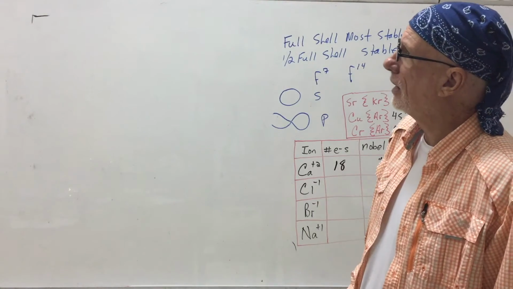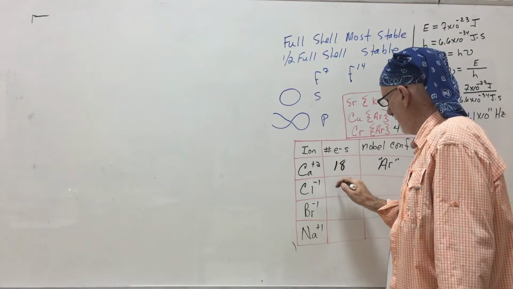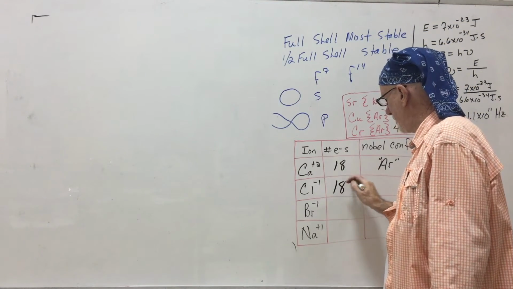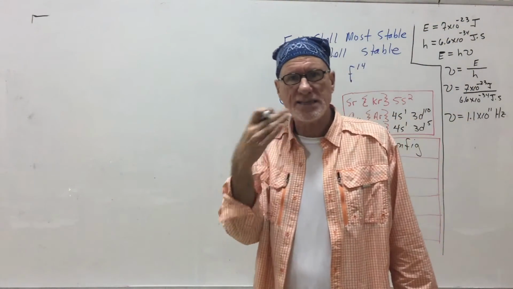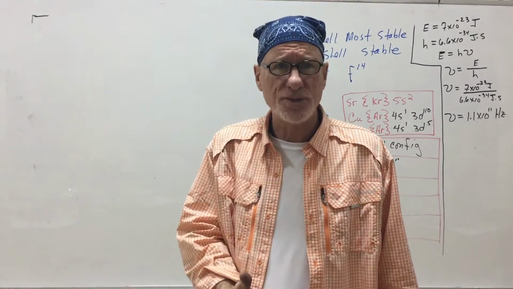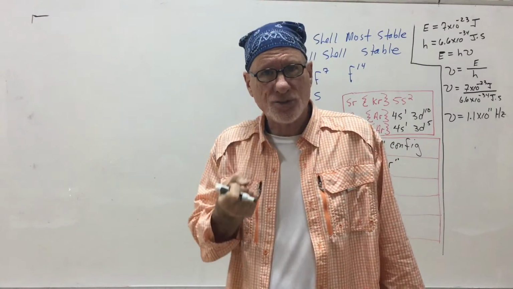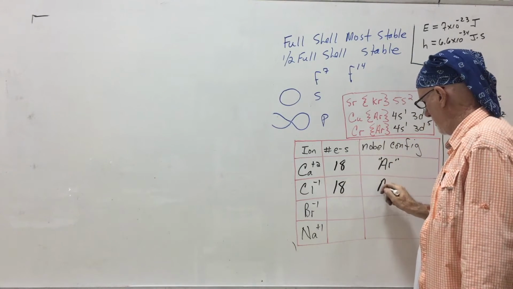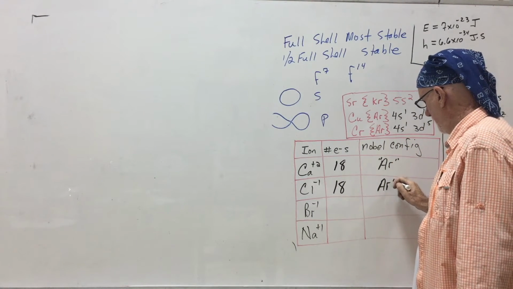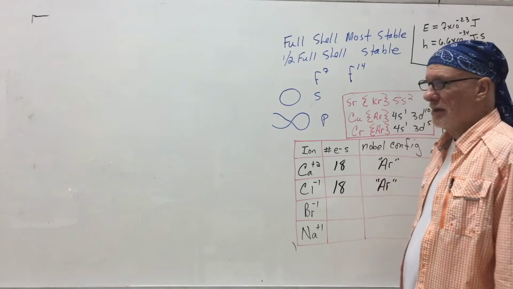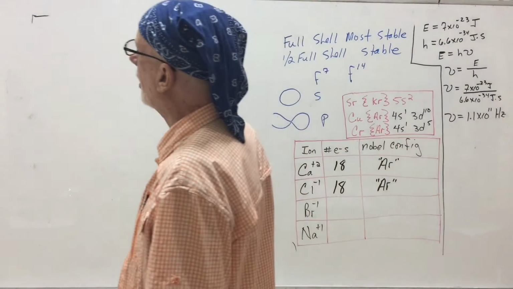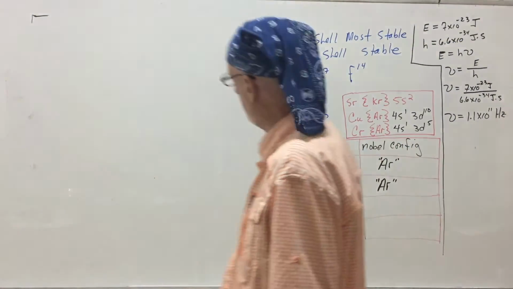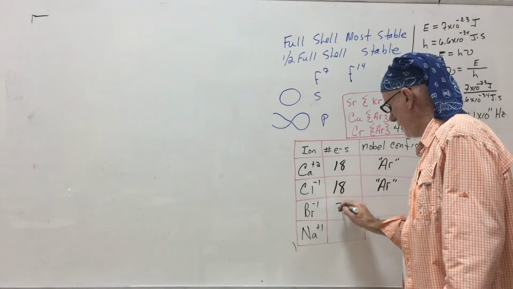Chlorine would be the same thing. This would be 18 electrons. Remember, 17 protons, 17 electrons if it's ground state. But it's getting that extra electron because it's negative, so it's going to be like argon. And then bromine is going to be like krypton. It'll be 36.